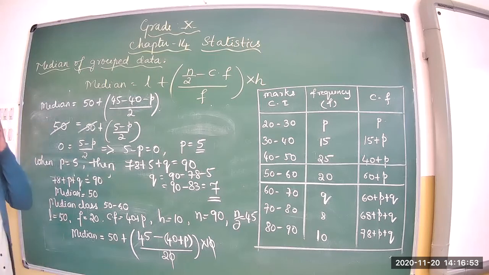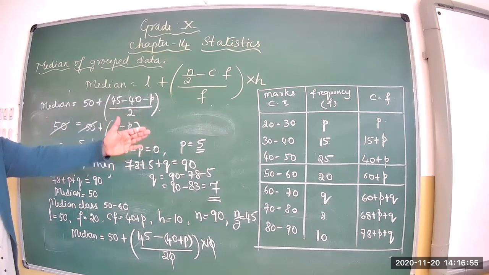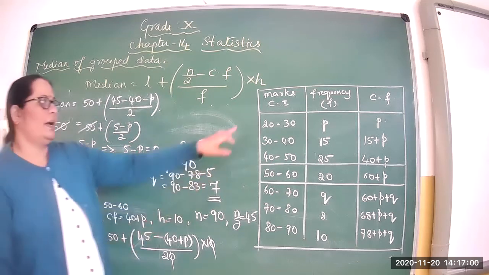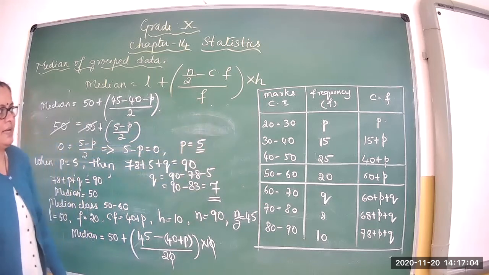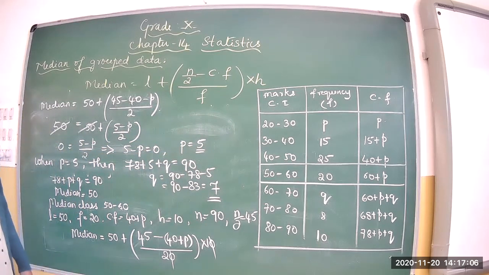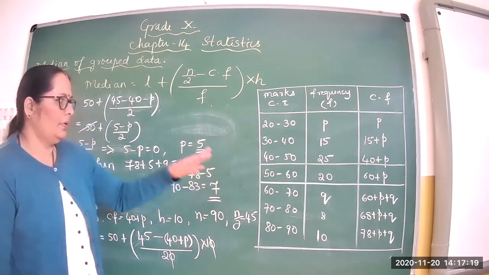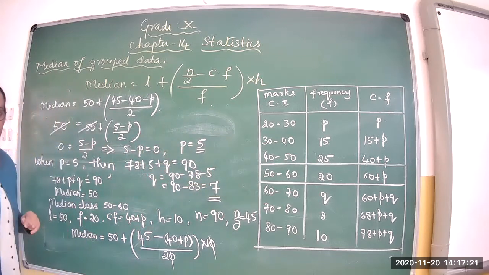So first, what we have to do? First make a cumulative frequency table. In the first column, make the entries of class intervals, in the second column the frequencies, and in the third column find the respective cumulative frequencies by adding the frequencies. After finding this, you have to locate the median class.